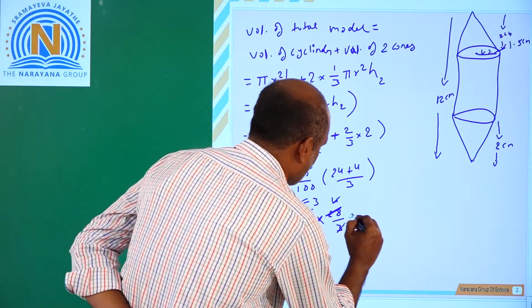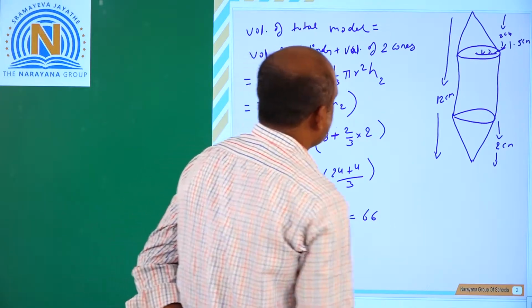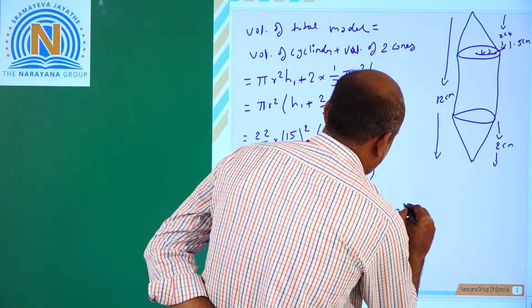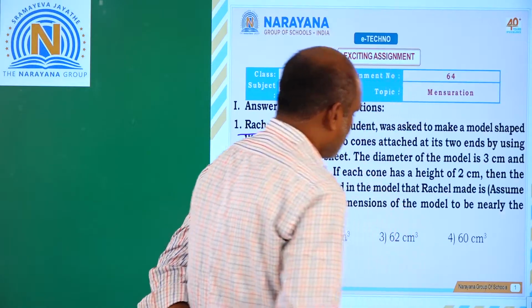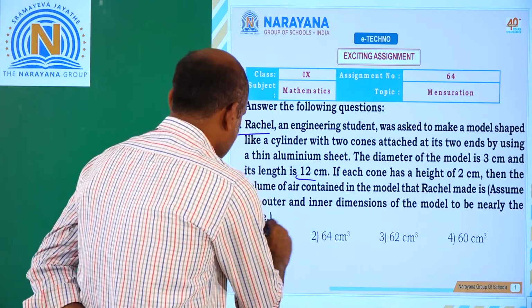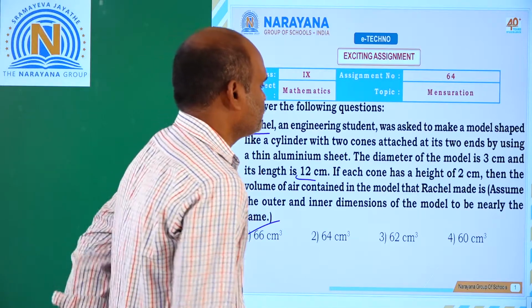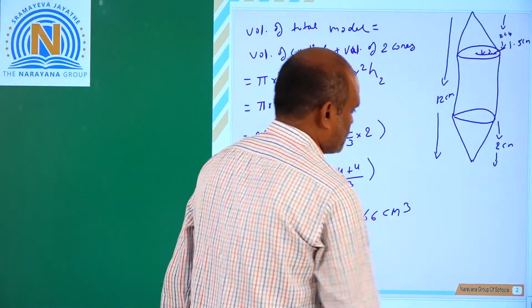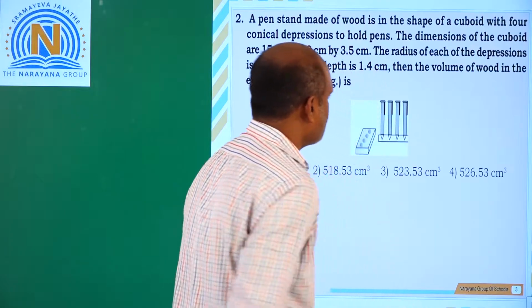So 3 into 22 is 66 centimeter cube. So the answer is 66 centimeter cube, that is the air contained in the model.